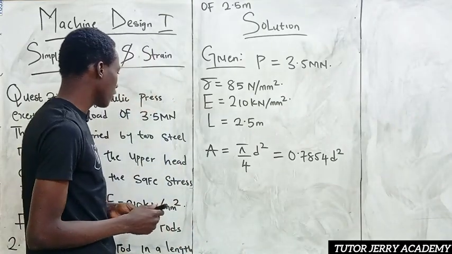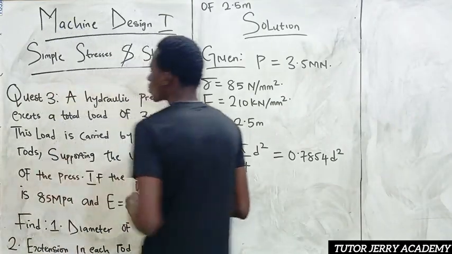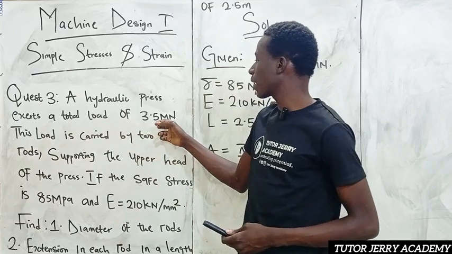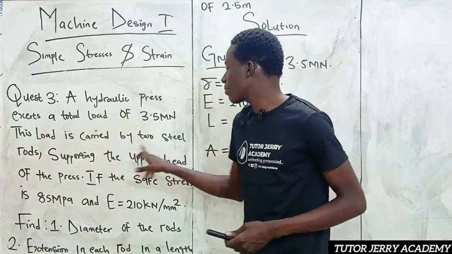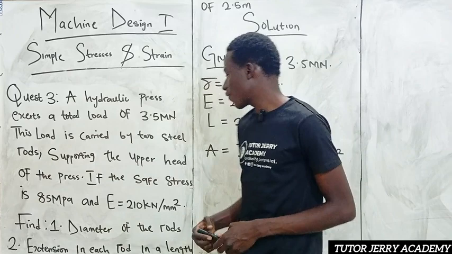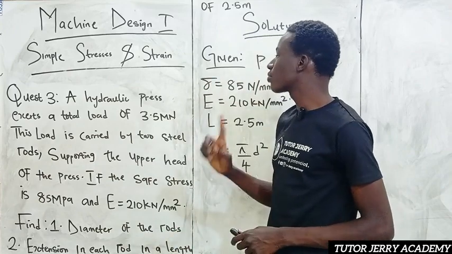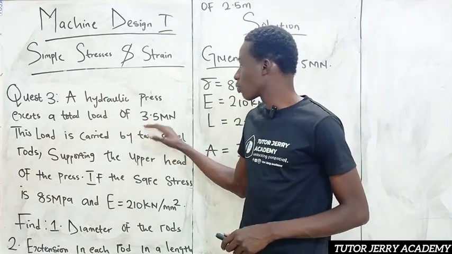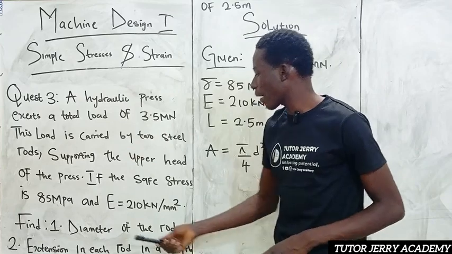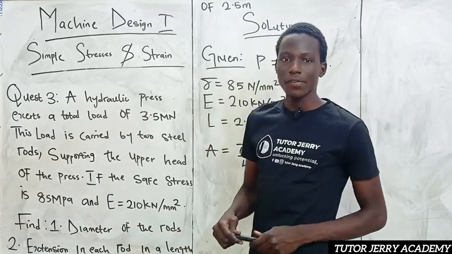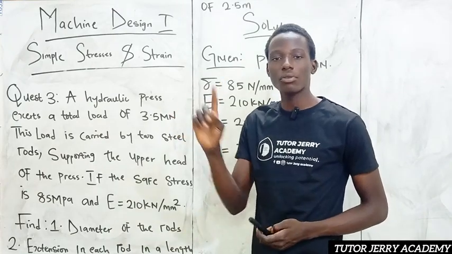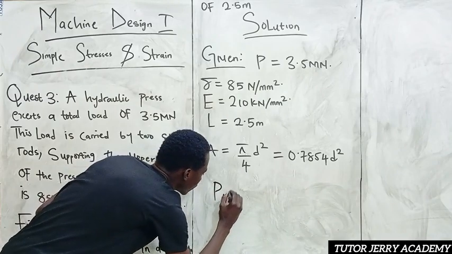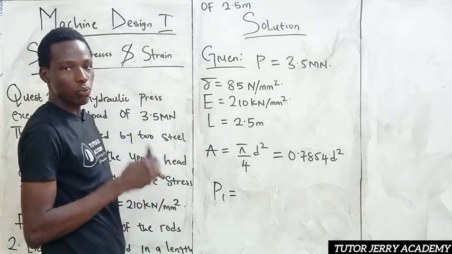Now, if you look at this question, you will notice something. We are given a total load of 3.5 meganewton and the load is carried by 2 steel rods. So if I'm to find the diameter of each rod, I'll have to divide this load by 2. So first thing first, I'm going to say P1 be the load on one rod.